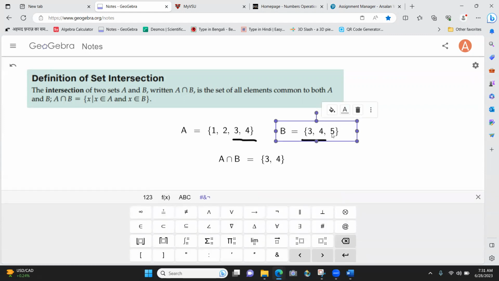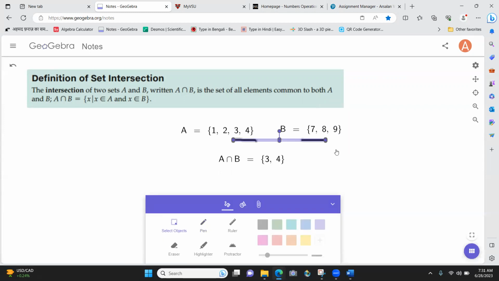So let's say here I have 7, 8, and 9. So now I have two sets, A and B. What is the intersection of A and B? There is nothing in common.